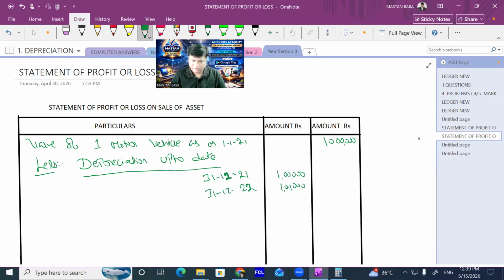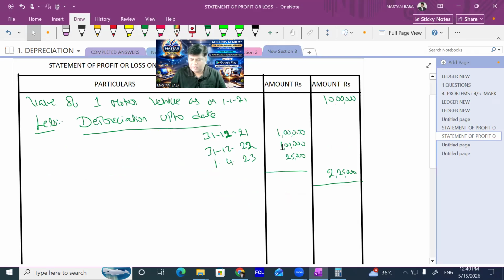But in the third year, we have utilized the motor vehicle for only 3 months. So 1/4/23, it is 25,000. So 1 lakh plus 1 lakh, 2 lakhs plus 25,000, it comes to 2,25,000. And what is the book value of the motor vehicle that we sold? The book value will come to 7,75,000.